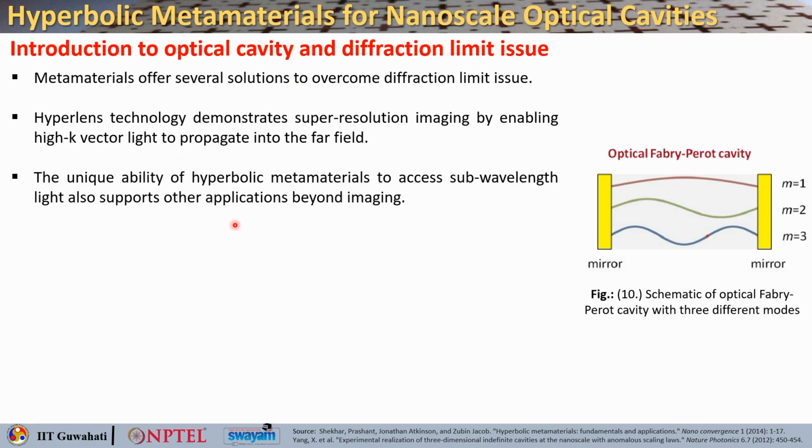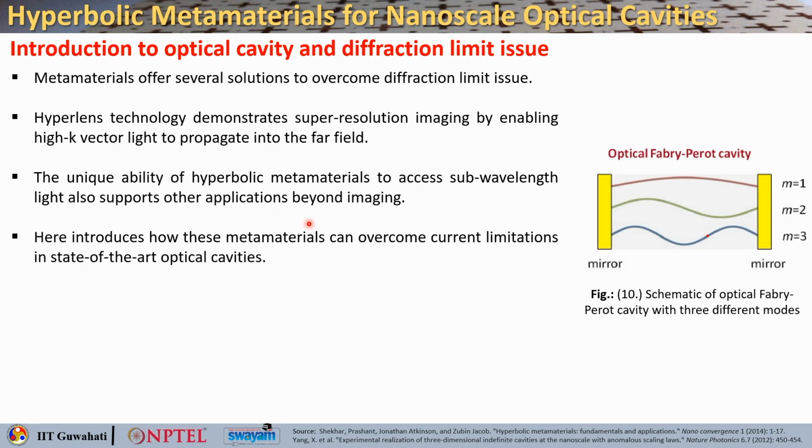This unique ability of hyperbolic metamaterials allows one to access the sub wavelength light, which are typically the evanescent waves, and also supports other applications beyond imaging. That is what we will be seeing today: other than imaging, we can use this for other applications. Right now we will discuss how this kind of metamaterial can be used to overcome the current limitations in state of the art optical cavities.